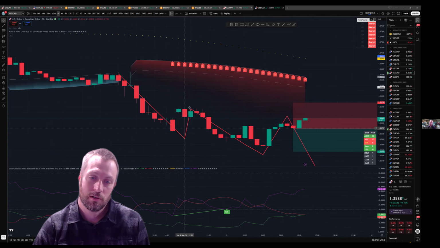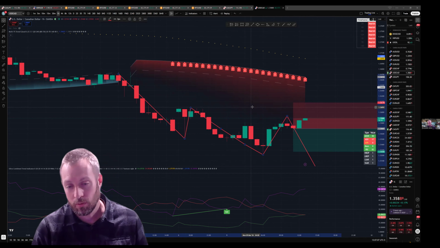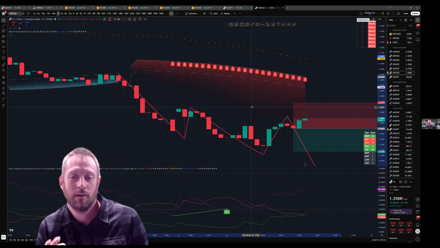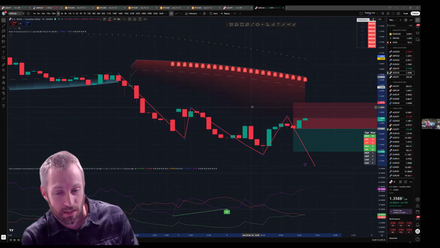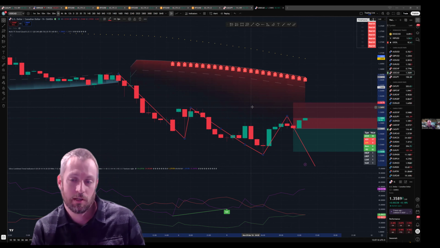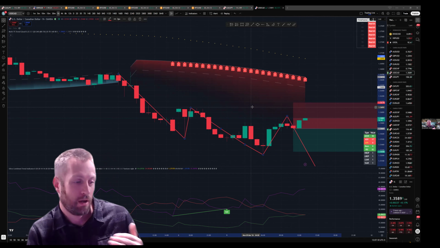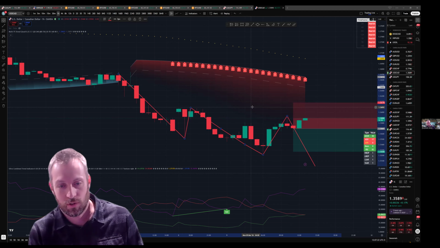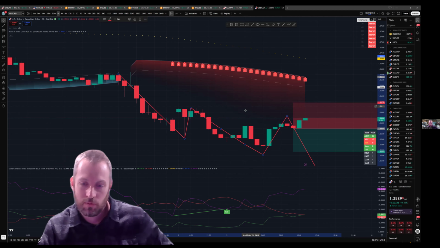And here I've just drawn out some lines. Now, we all know that we hear the statement or the phrase, trading can be subjective. And especially when it comes to higher lows, lower highs, and trend direction, that can be very subjective.